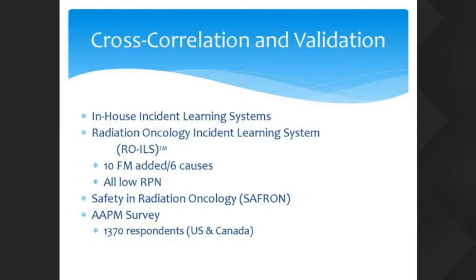After looking at those, we added 10 failure modes with 6 causes, but they all happened to be low risk failure mode combinations. So we were confident that we covered all of our bases. But we did do that survey that I spoke about.